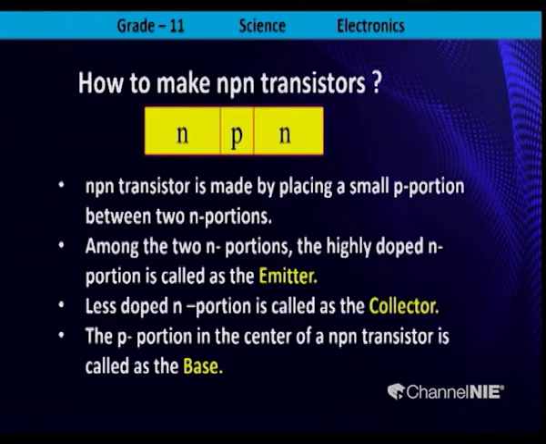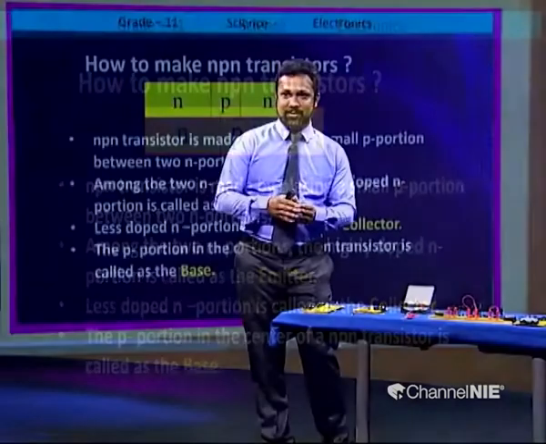Similarly, the less doped n portion is called as collector. Now, what is the base? You can understand, in an NPN transistor, the small p portion at the center is called as base.